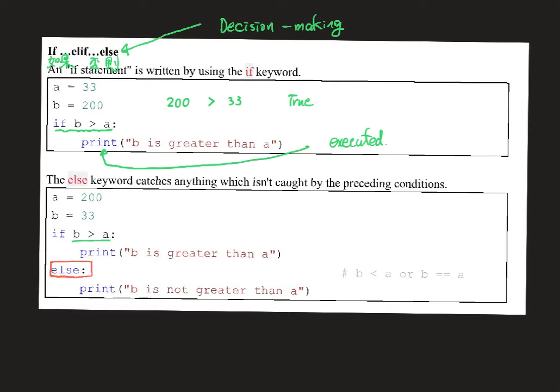In this case, b is 33, which is not greater than 200. Therefore, the first statement will not be executed. And we will execute the else statement. Therefore, the output is "b is not greater than a" in this case.